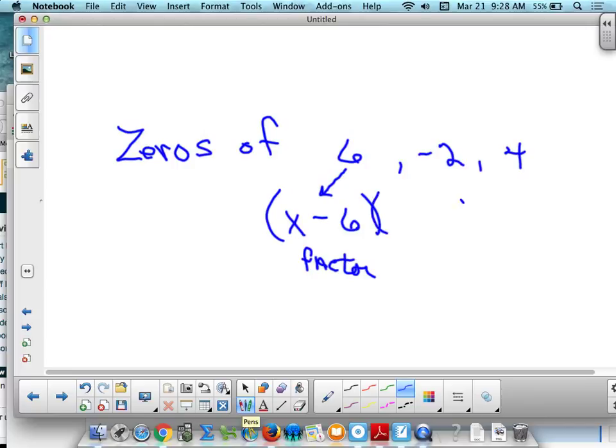Ryan Hansen, if negative 2 is a 0, what's a factor? Plus 2. Ryan, tell me. If negative 2 is a 0, what's the factor?